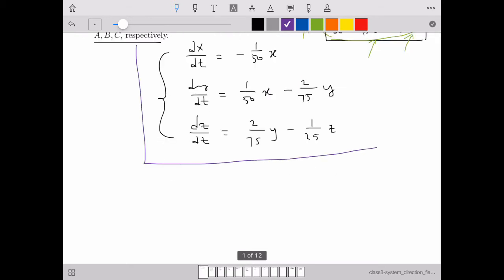So how to solve such a thing? It will be in the Differential Equations 2 class. In this class, we only do the setup.